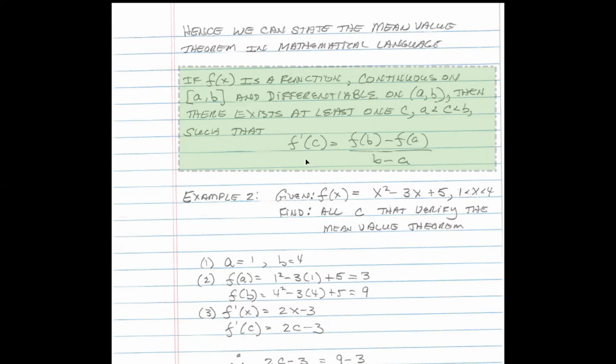So this is what you want to know, just this portion right here. This is the mean value theorem. This is what you'll use if you're given a function rather than a graph. So let's see how it works.